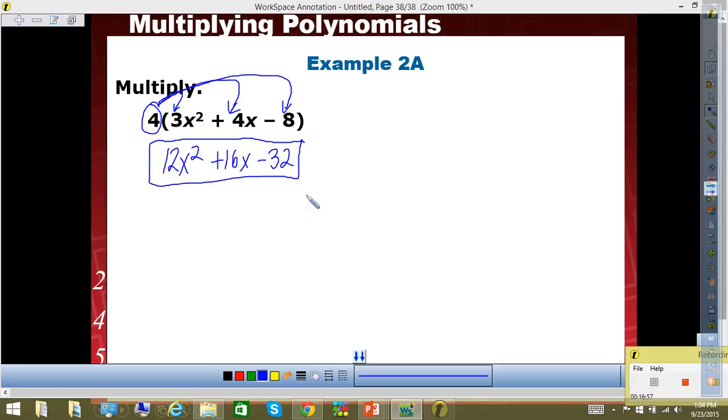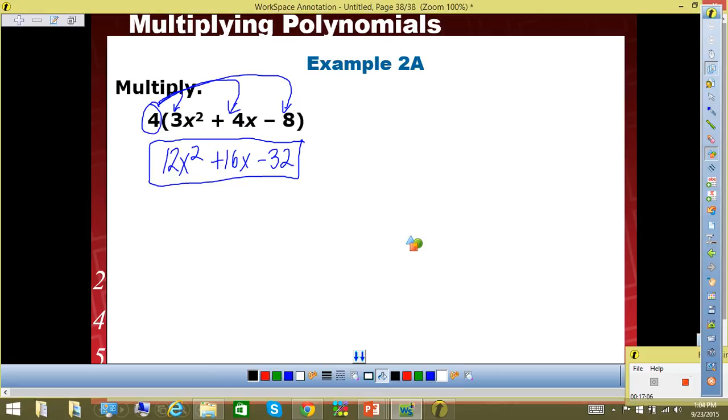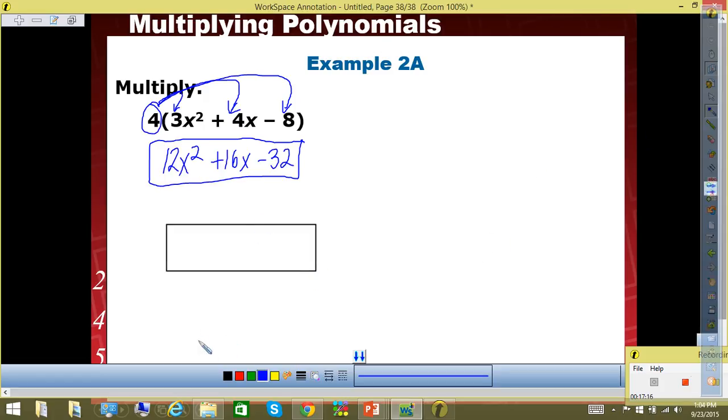Okay, now where I'm going now is with the area model. So pens down, eyes up here. Check this out. I'm going to create an area for this trinomial. Okay, so this measures 4.